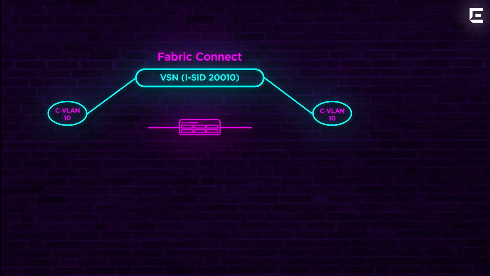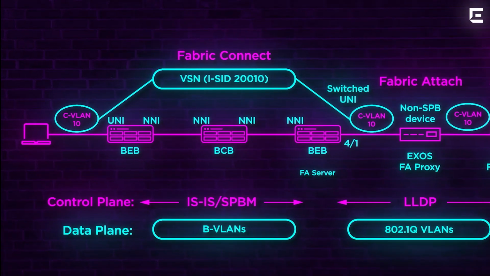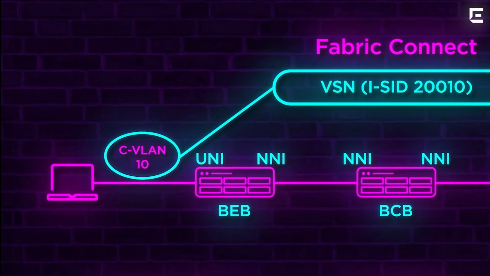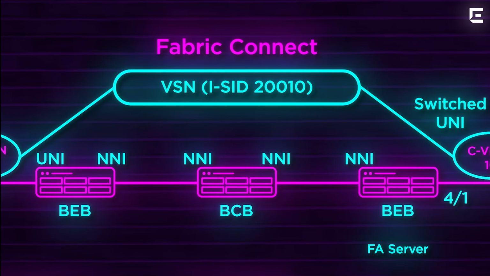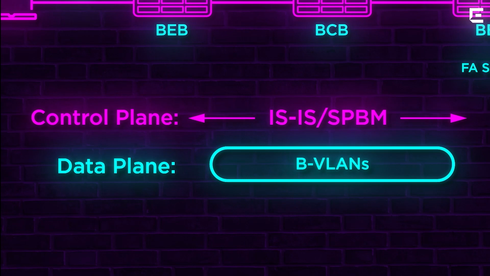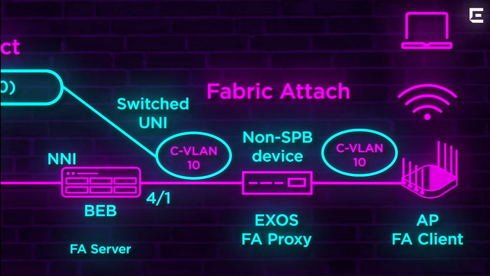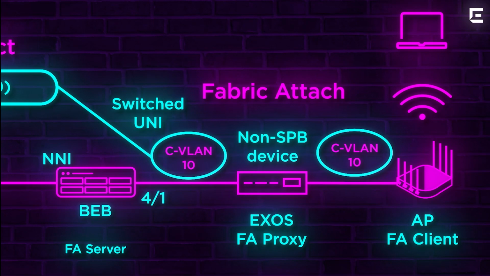So on screen, what you see is a diagram, the traditional SPB network that we've been using throughout this training, Fabric Connect in the middle with ISIS being the protocol. We see the customer VLANs, we see the VSNs there. And then to the right, you see an Exos Fabric Attach proxy.